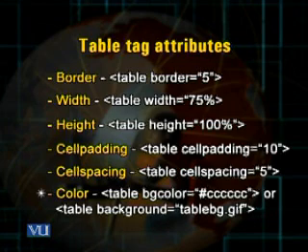Similarly, for a table specifically, we can have a different background color using this BG color attribute, and we provide the name of that color as value to this BG color attribute. We can also provide the hexadecimal code as value for the BG color attribute. Moreover, we can also use the background attribute in the table tag wherever we want an image file to be shown in the background of the table.